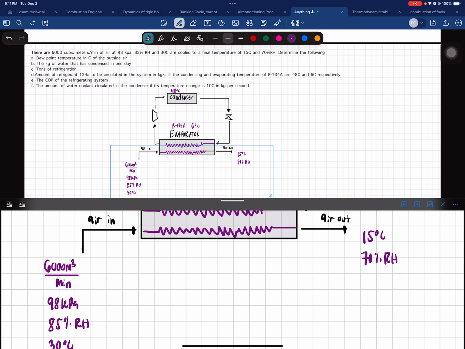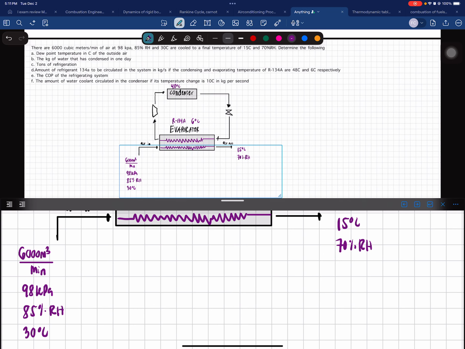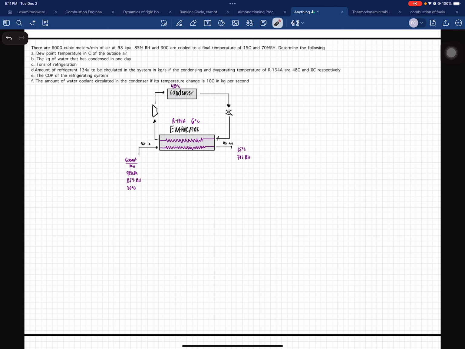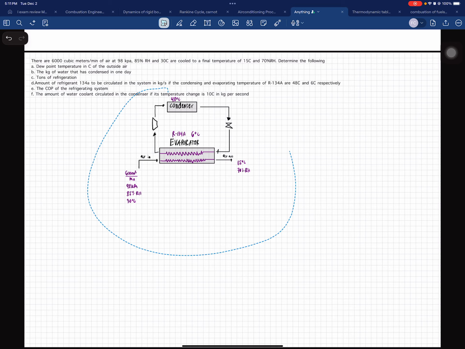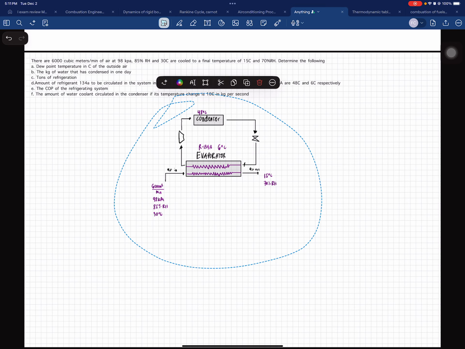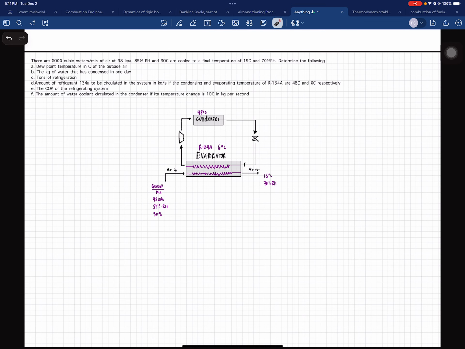So what's the first step that we gotta do? Notice that there's a lot of requireds in the problem, right? We must find the dew point temperature of the outside air going in, and the kilograms of water that is condensed in a day.